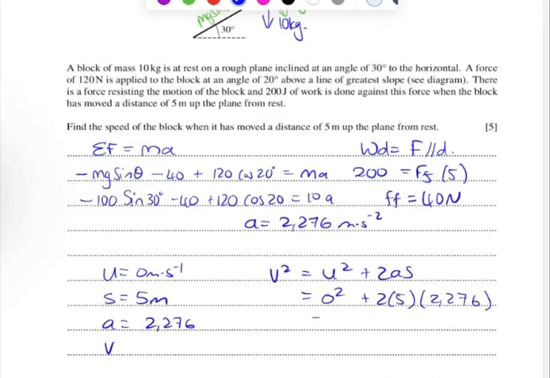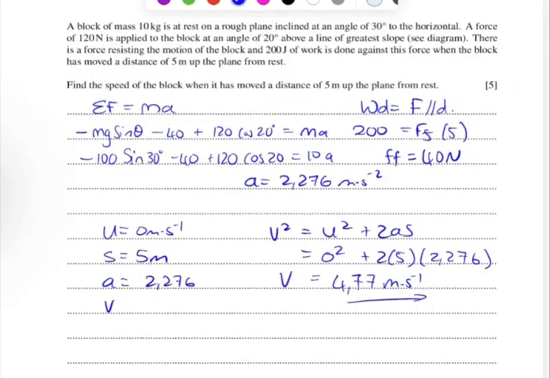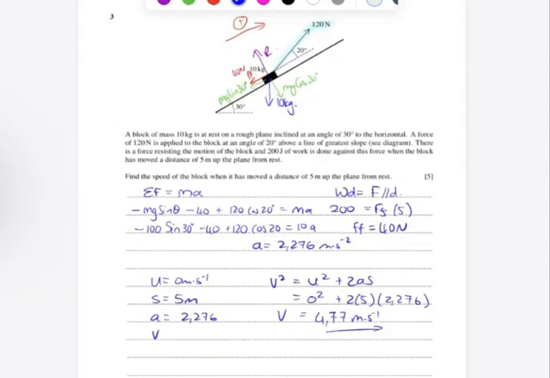I wrote those actually the wrong way around. And remember to square root. And I am getting an answer here of 4.77 meters per second. Okay, and that is the whole of this question.